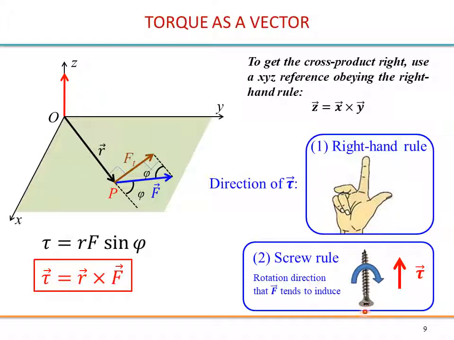So if you have your screw, of course you look from here, and counterclockwise means that your screw will move backwards. Backwards in this system means a view from above along positive z. Okay, so your torque will be along positive z. Okay, so it works. So the torque is here.